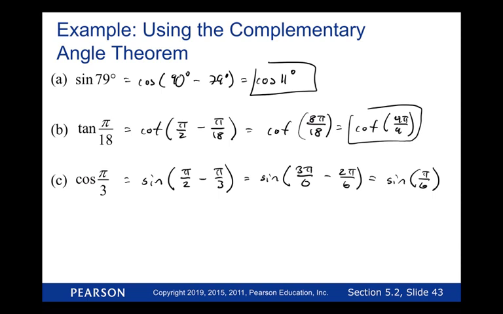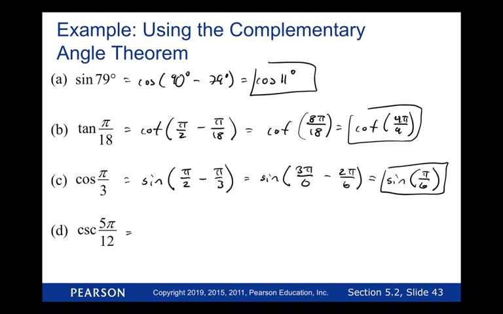We might be able to take that one further, but just to keep the pattern, I'm going to keep going like this. And then what's this one going to be? What's the complementary angle? So if cosine goes with sine, if tan goes with cotan, then cosecant should go with secant, right?